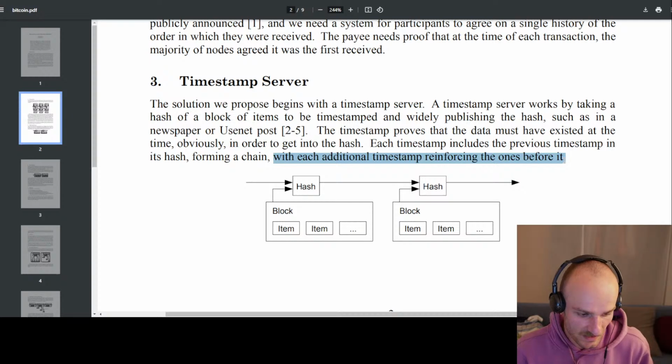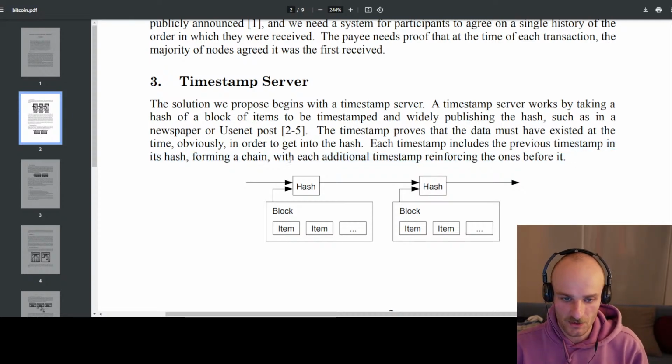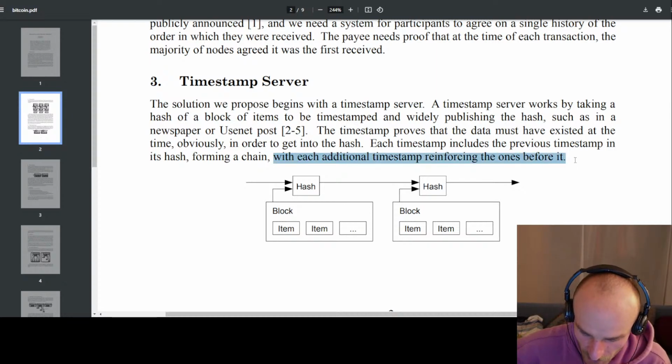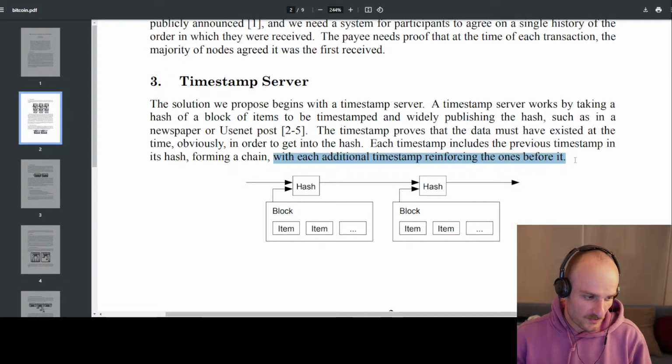But basically, once you accomplish accumulating all that computational power and putting it in the network, first, you're not guaranteed that someone else will not do the same.